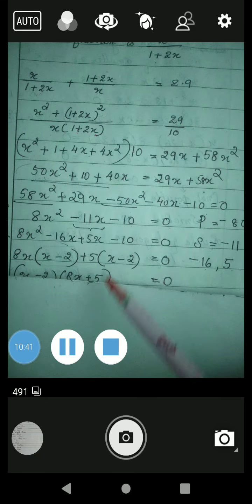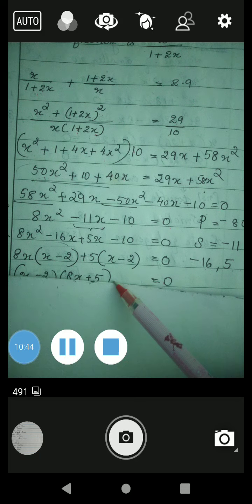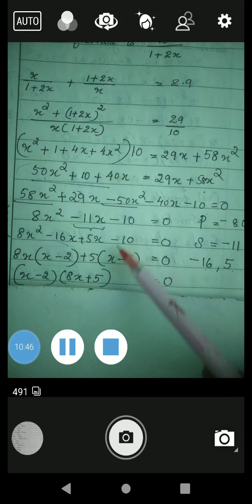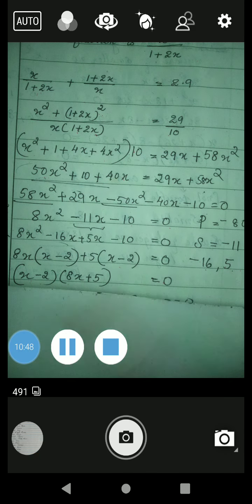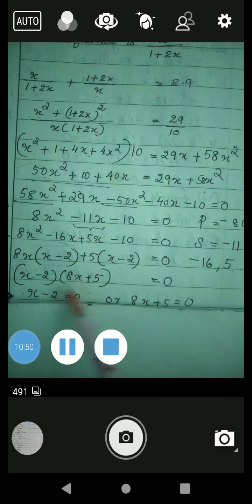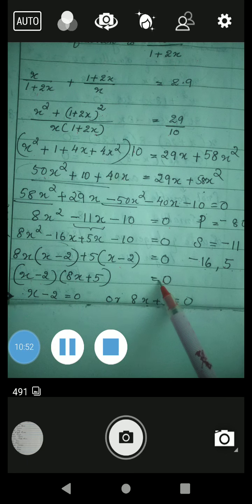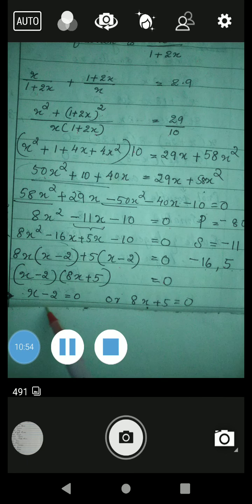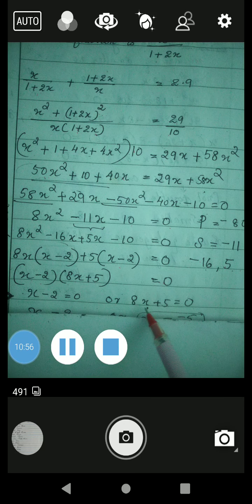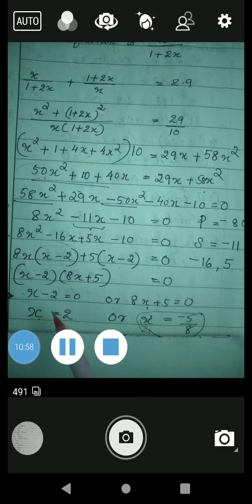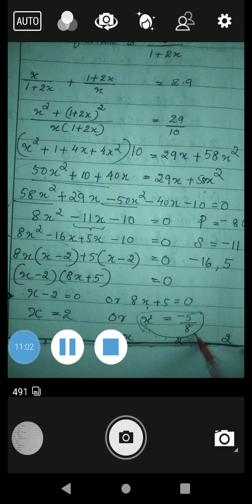You can see the steps here. As usual, we can solve it or factorize this. At last you will get x minus 2 into 8x plus 5 equal to 0. So either x minus 2 equal to 0 or 8x plus 5 equal to 0. Therefore x is equal to 2 or x is equal to minus 5 by 8.